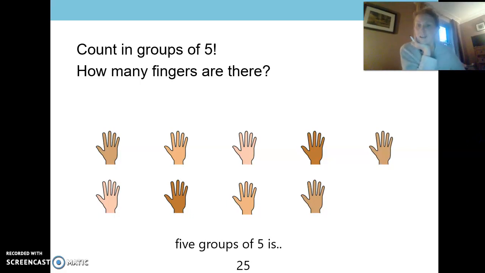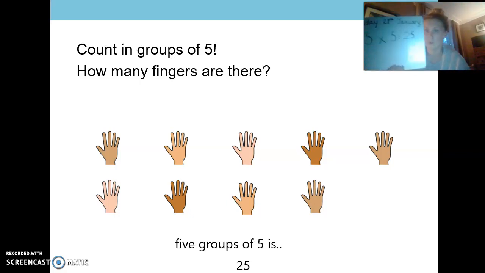So instead of saying 5 groups of 5 is 25, we could write it down like this, couldn't we? We could represent it using the multiplication symbol, the times symbol, which is a cross, couldn't we? So I could write that as 5 groups of 5 equals 25, couldn't I?